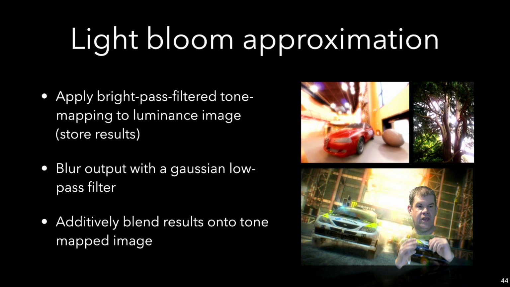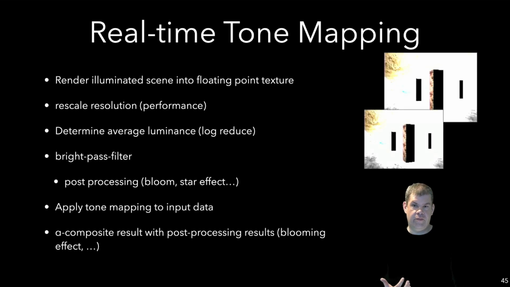You can take the original values, check how much bigger than 1 they were, or how much bigger than the original maximum intensity, and based on that, add such a blooming effect. And that will then have an effect on our interpretation of the scene. And this can be very powerful.